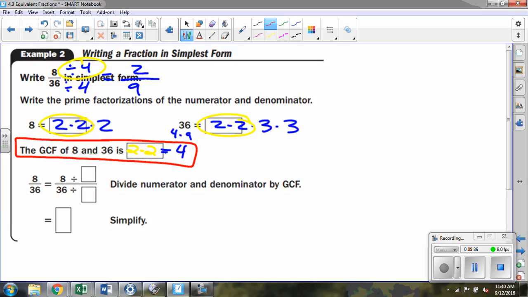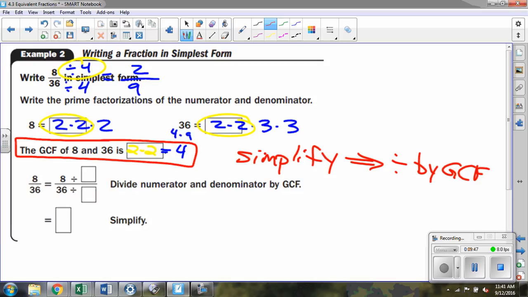When we simplified, what we did was divide by the greatest common factor. This is going to be our first tool, our first idea for when we start working with variables and monomials. We're going to take the tool of dividing by the greatest common factor. So just finishing it off, we saw already all the rest of this stuff in red. If we divide out by 4, it becomes 2/9.